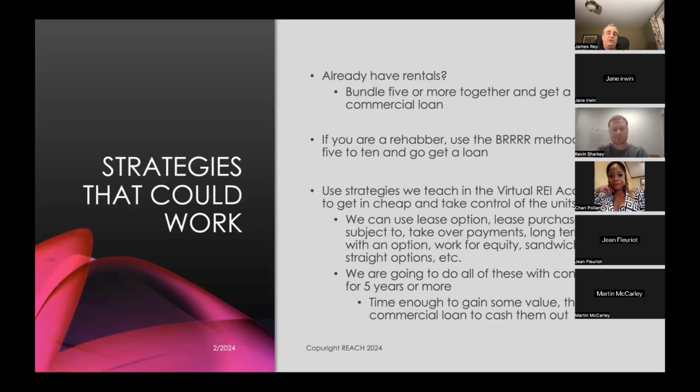You can actually take your single families and bundle them all into a commercial loan, right? As you may or may not know, as you're doing single family, the way I understand it, and Jane and Sharon, you guys would know better, but I think the cap is 5 or 10 before a bank will no longer start lending to you unless they're a portfolio bank. Is that correct?